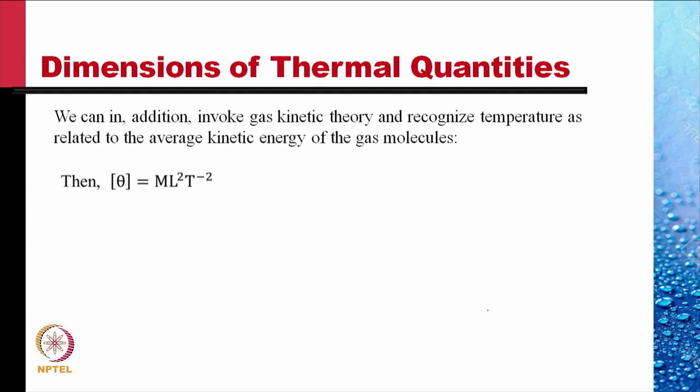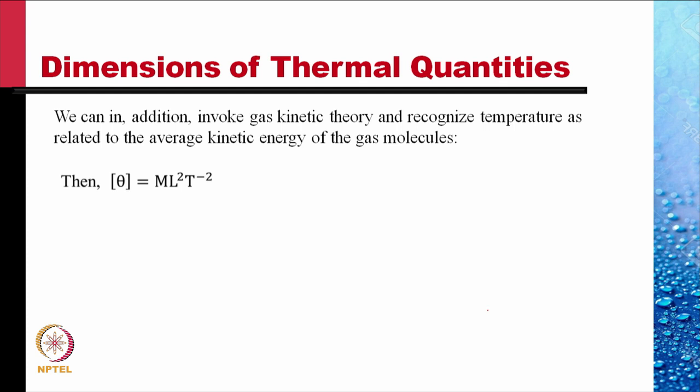So, temperature is now a derived quantity with the dimensions of energy, kinetic energy of gas molecules, and the dimension of energy in the MLT system are ML square T minus 2. So, with this dimension of temperature, the base quantities are reduced to 3, M, L, and T.